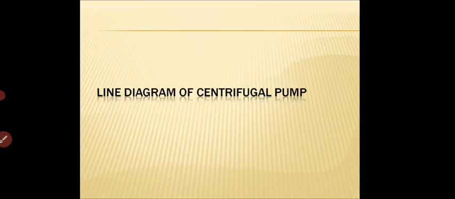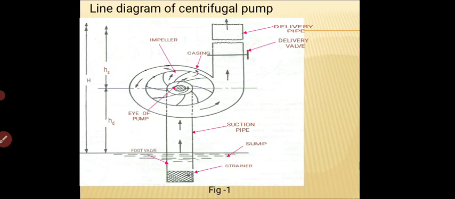But before going to discuss the centrifugal pump, what is the centrifugal pump? The centrifugal pump is a device to lift the liquid from lower to higher level by developing the necessary pressure with the help of centrifugal action.